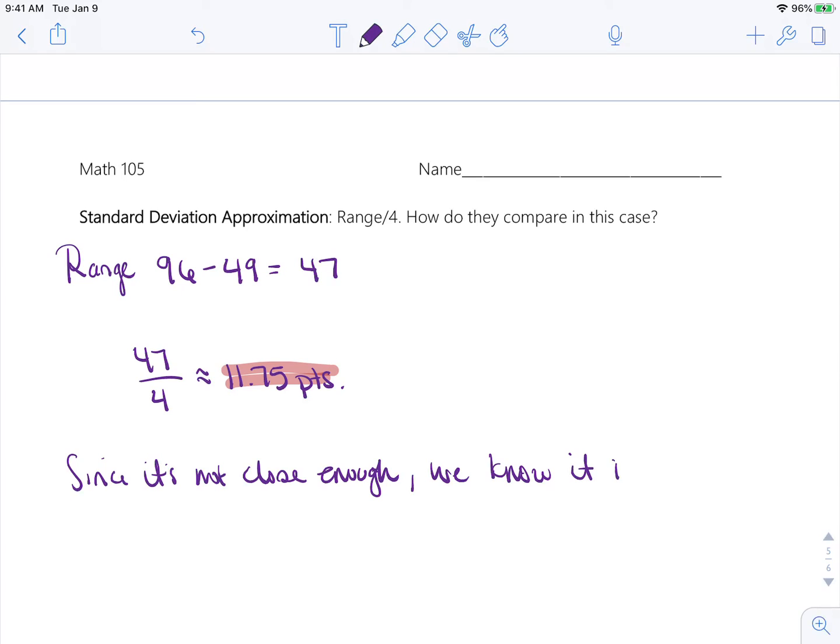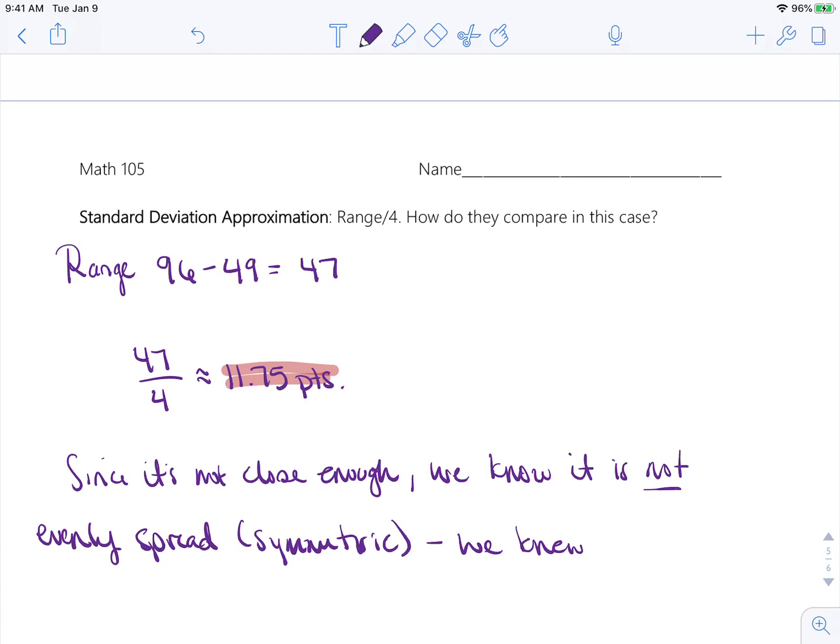It is not evenly spread. In other words, not symmetric, which we already knew, but just in case you didn't. We knew from 3.3 it is skewed left. Okay, so that's just getting our toes wet, and I'll see you next time to dive more into this.